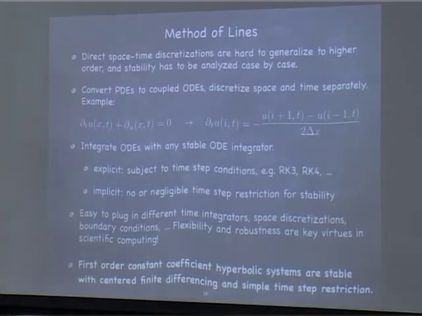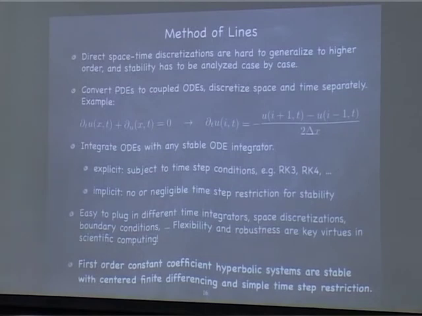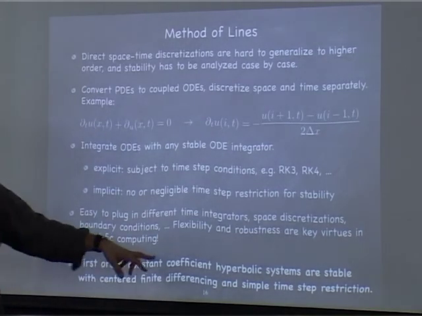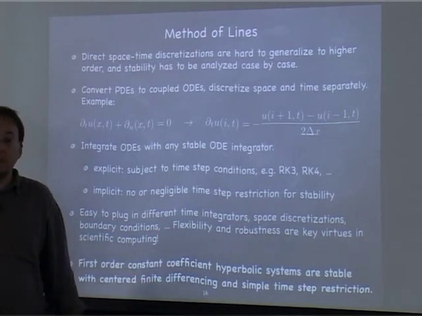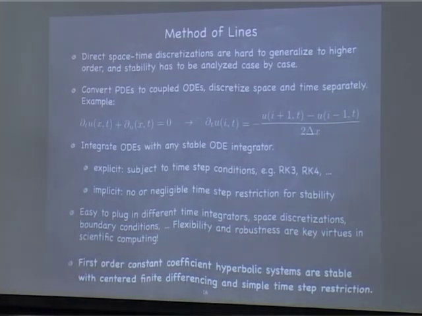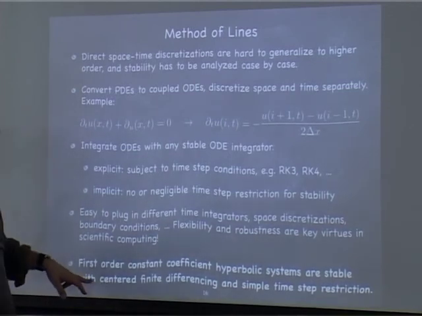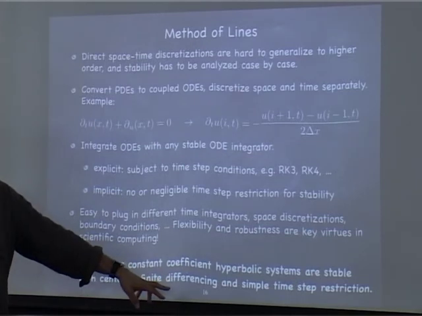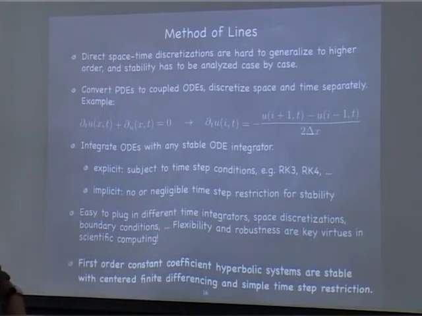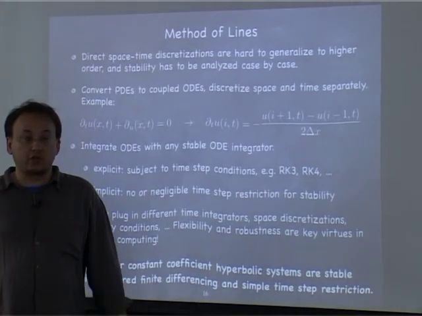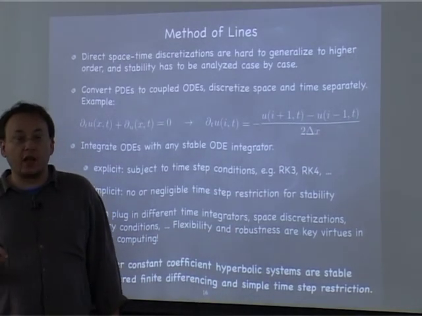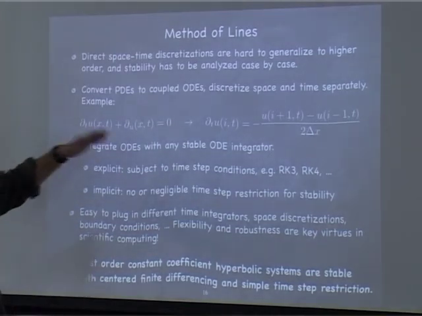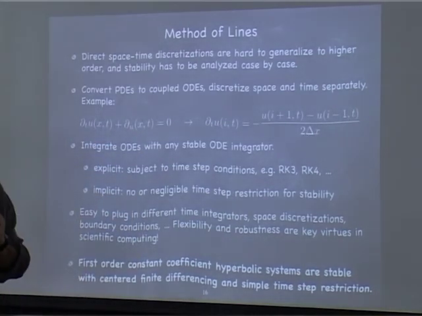And then, just to finish today, you can derive the following theorem, which we formulate in a sloppy way here. If you have a first order constant coefficient hyperbolic system, like the wave equation, for example, then the discretization will be stable if you use a centered finite differencing stencil, which we derived for second order, and some simple time step restriction. We'll talk about what the restriction of the time step is, but for the moment, you can code up the wave equation, this thing here.